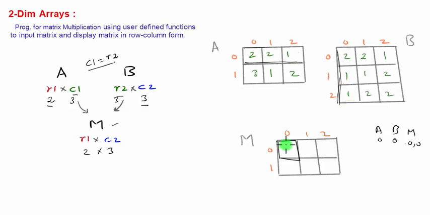That will give me one answer in M. Then we will multiply 0th row of A with first column of B to get the 0, 1 element of M, that is this element. And that is how we proceed further for all the elements. Next we will multiply 0th row of A and column number 2 of B, to get the 0, 2 element of M.